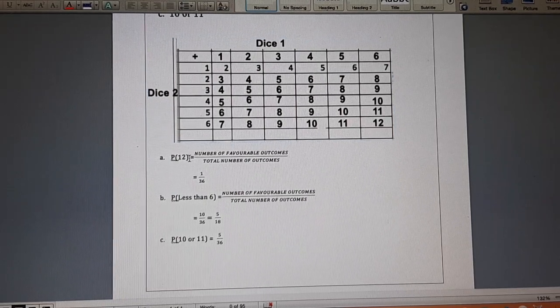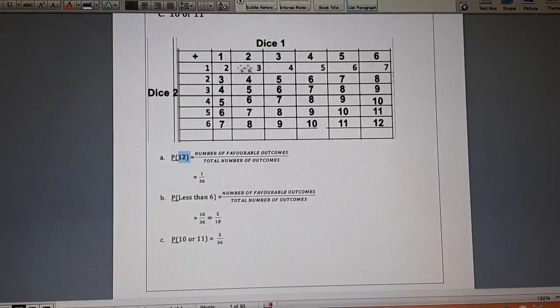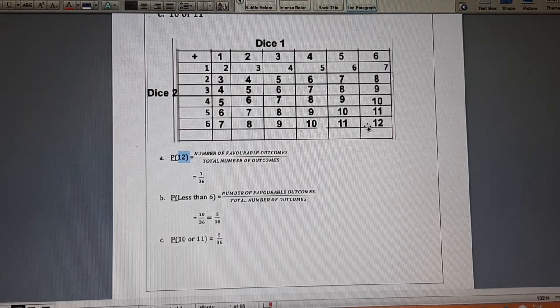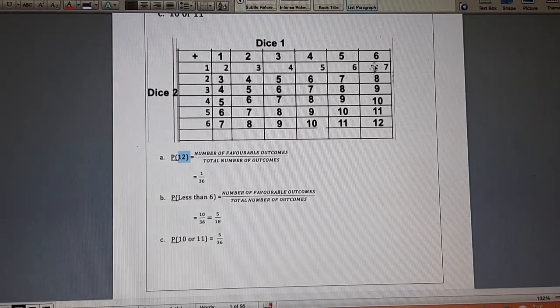Now, if you have to find the probability that adding up the scores of the two dice gives 12, look at the possible outcomes and note how many 12s you have got. All these numbers are the result of addition of the scores of the two dice. We have got one 12, which is the result of adding 6 on dice 1 and 6 on dice 2.